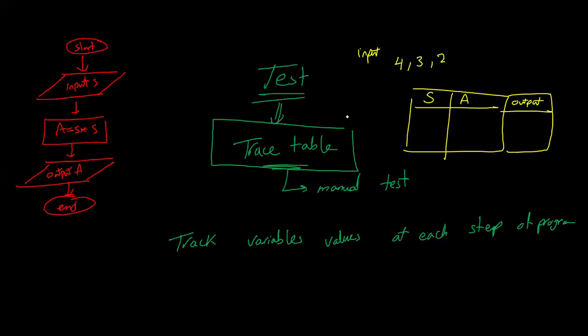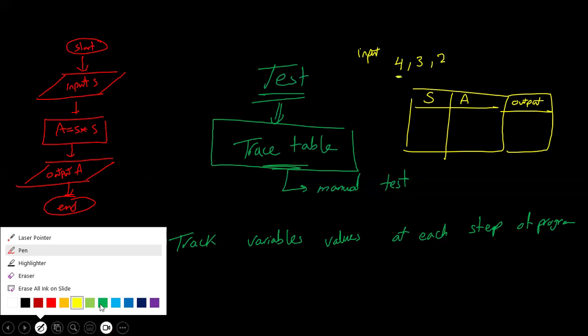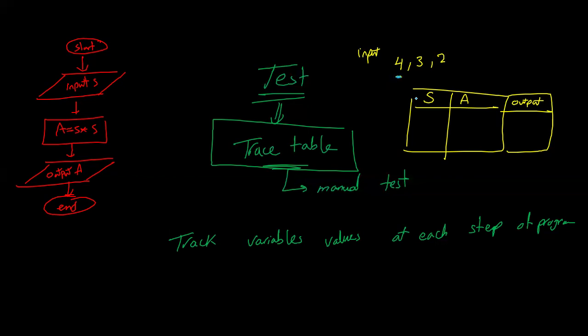So what is the side? You will test your program using the first value. What is the first value? It is 4. So you will input S as 4, A equals S times S, or 4 times 4. So A equals now 16. And then output A, so you will output 16.